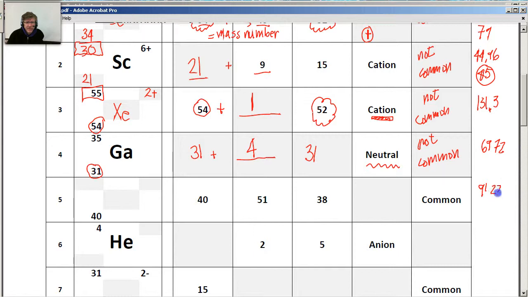I just happened to notice that's the atomic mass. 40, zirconium. And we know that 40 plus 51, so protons plus neutrons equals mass number.